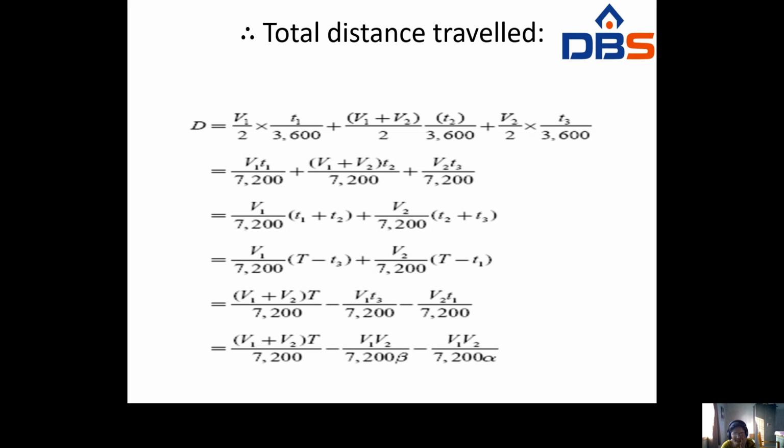What is the formula for T3? Previously we wrote T3 equals V2 by beta. So here you write minus V1 V2 by 7200 beta. Similarly T1: what is the formula for T1? V1 by alpha. So you write minus V1 V2 by 7200 alpha. Okay, so this is the formula.